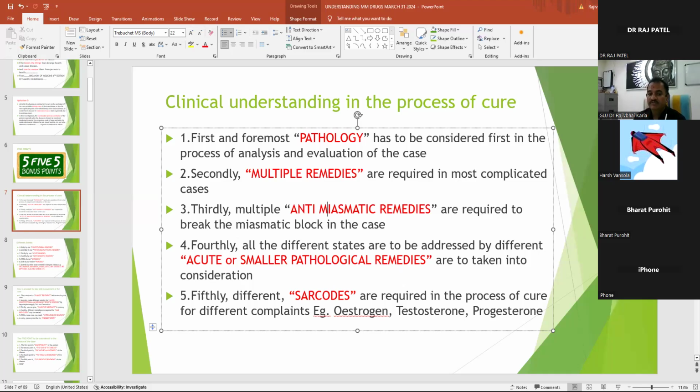Fourth, different acute or smaller pathological remedies are to be taken into consideration for all the different states. Fifth, different sarcodes are required in the process of cure. Different complaint, estrogen, progesterone, testosterone. Testosterone can be used in hirsutism. These days hair grows, no? Hirsutism, testosterone.